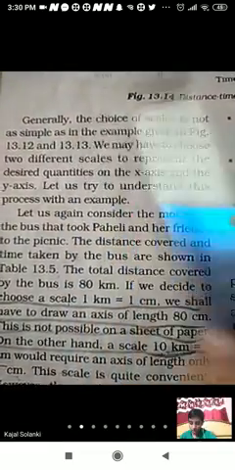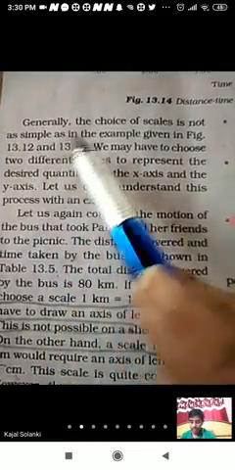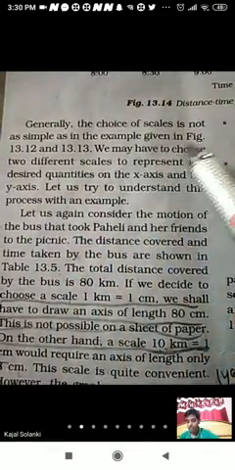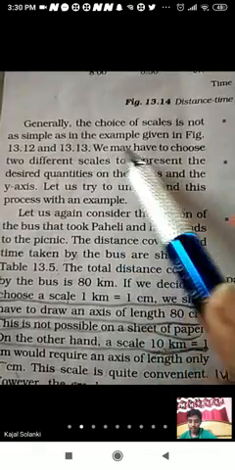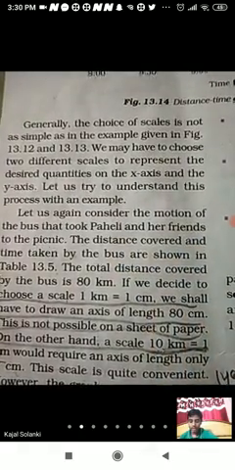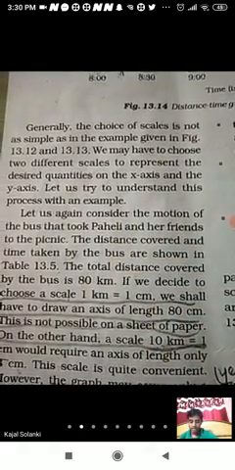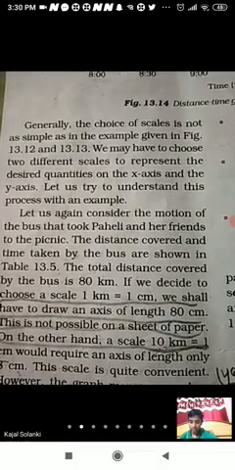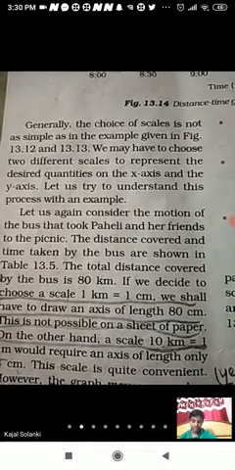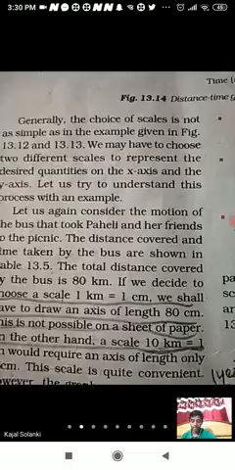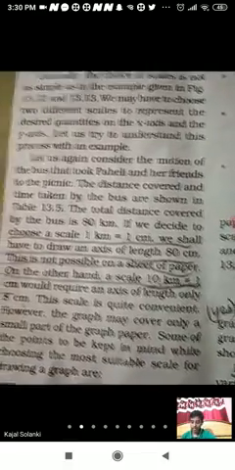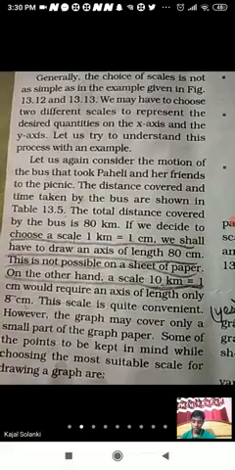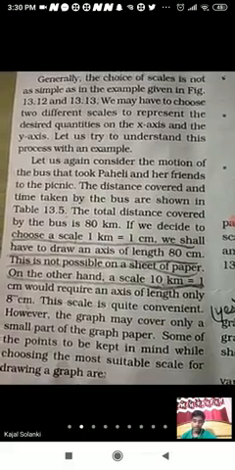Generally, the choice of scale is not as simple as in the example given in figures 13.12 and 13.13. We may have to choose two different scales to represent the desired quantities on the x-axis and y-axis. Let us try to understand this process with an example. Let us again consider the motion of the bus that took Paheli and her friends to the picnic.